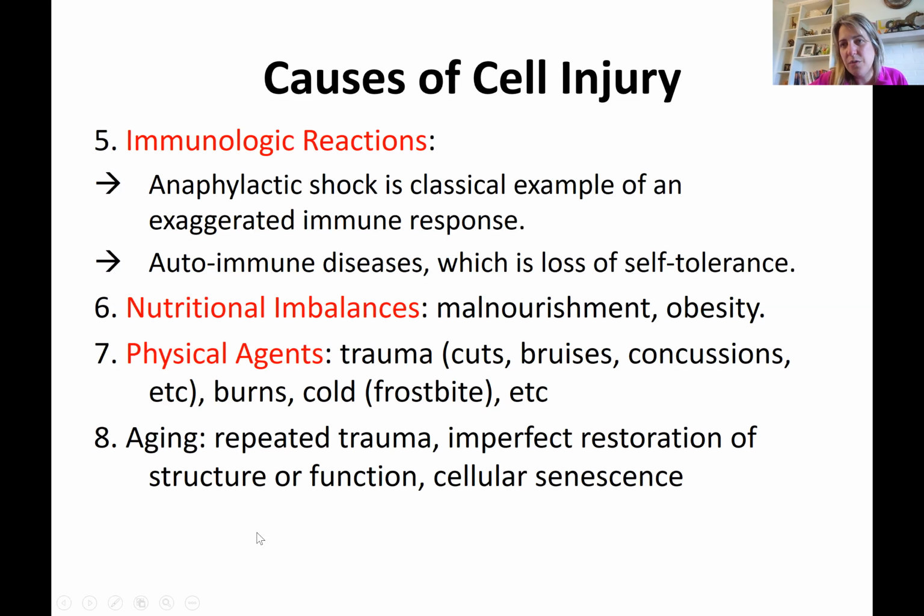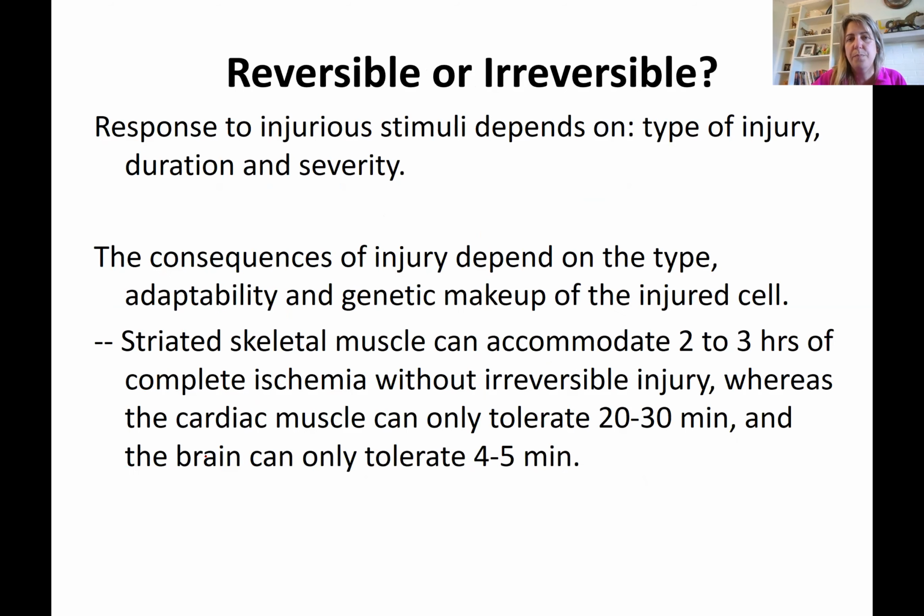And aging: repeated trauma, imperfect restoration of the tissue, what we call cellular senescence. The cells are becoming older and older, which means they're not capable of regenerating as well as they should, okay? If we didn't have aging and cell senescence, people would be living thousands of years, because some people just die because the body gave up, even if they're healthy, because it's just too old, okay?